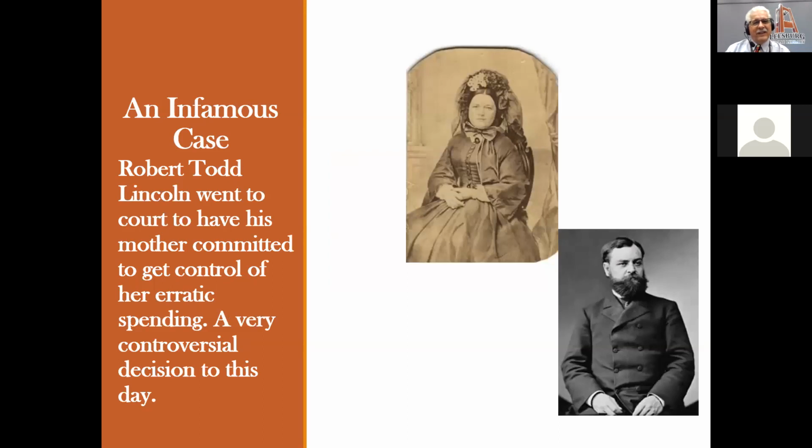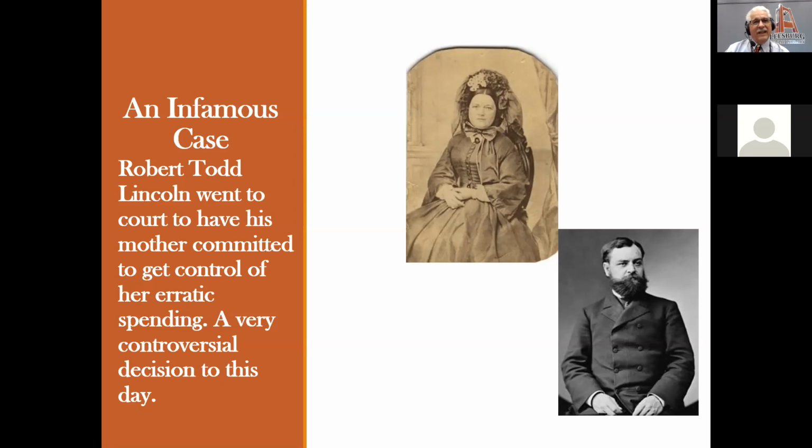Now, here's a very infamous case, which is still very controversial to this day. Robert Todd Lincoln, the Lincolns' only surviving son of their four sons, went to court to have his mother committed because her spending grew so wild that she was literally spending herself into pauperism. And so under the law at that time, he had very little choice except to try to prove her mentally incompetent.